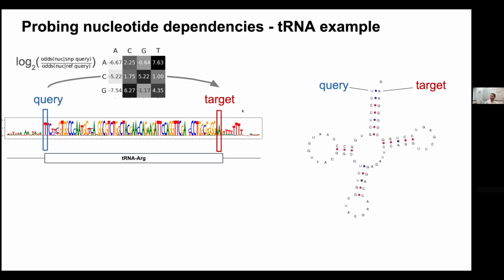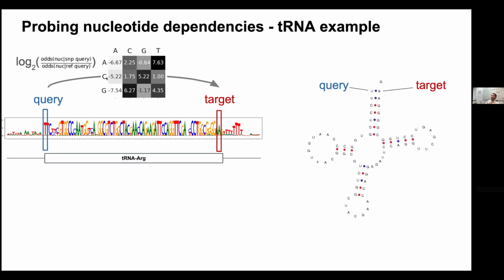And the exercise we do is the following. If we were to mutate the query nucleotide, which is a T, to each one of the possible alternative 3 nucleotides, what would the predictions of the model look like for the target position for each one of A, C, G, and T? So for example, if we mutate a query nucleotide to an A, then the model is going to favor the prediction of a T. And it's quite interesting because we know this region has to base pair, so the model is reflecting this base pairing constraint.